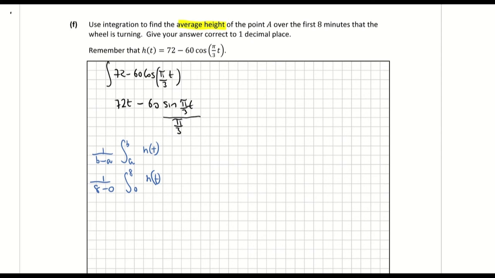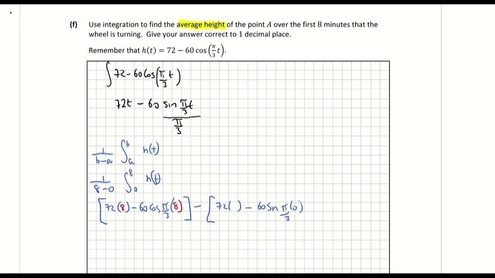So subbing that into my integral, it's going to be 72 times my t, which is 8, minus 60 times cos pi over 3 times t, which again is 8. And from that, I need to subtract the integral, or the value when I sub in 0. So subtract 72 times 0 minus 60 times sine of pi over 3 times 0.